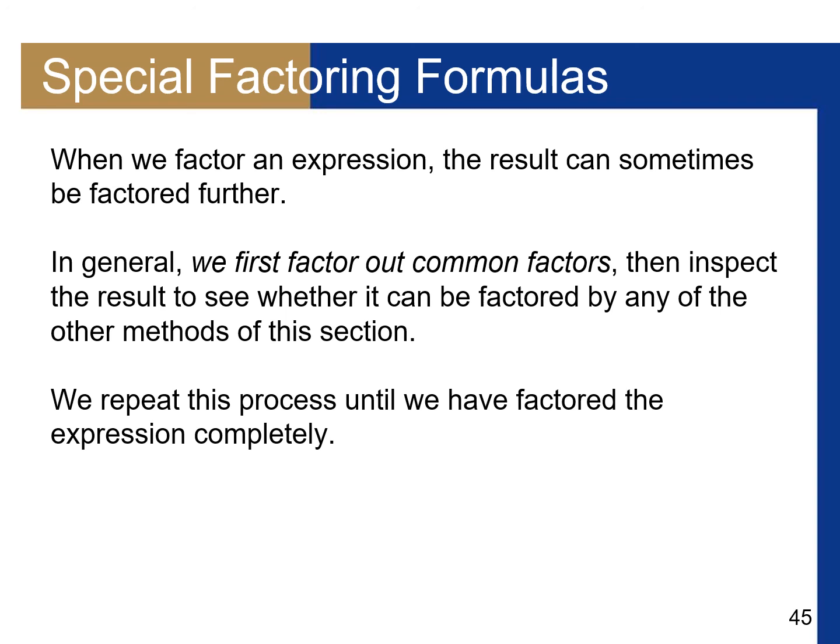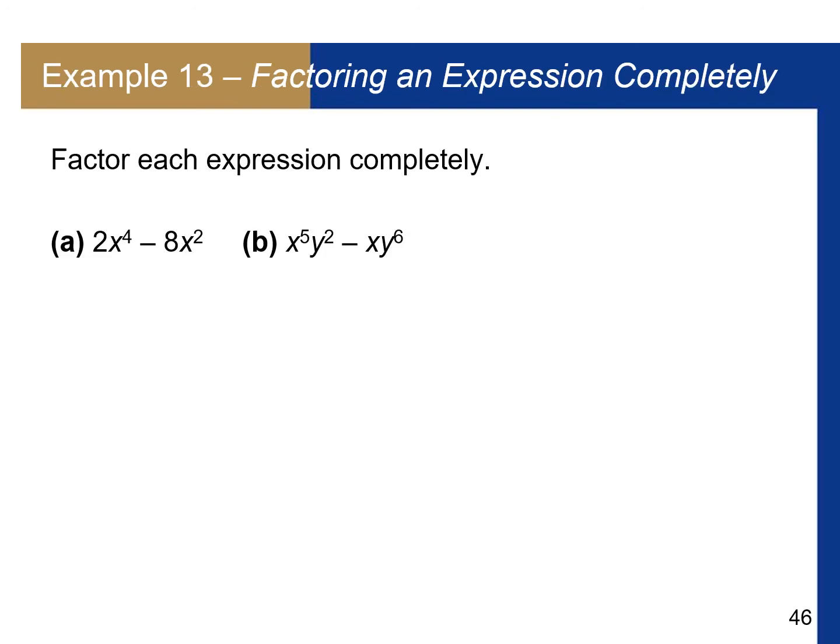Okay, sometimes we can factor an expression and it will factor again. So we want to factor it until it is completely factored. So for instance, this one, if I look at both of these right away, I can see that they have something in common. So I want to recognize that, and I have 2x squared that I'm going to want to take out of there first.